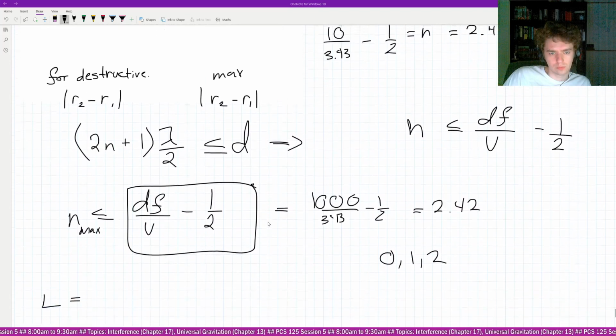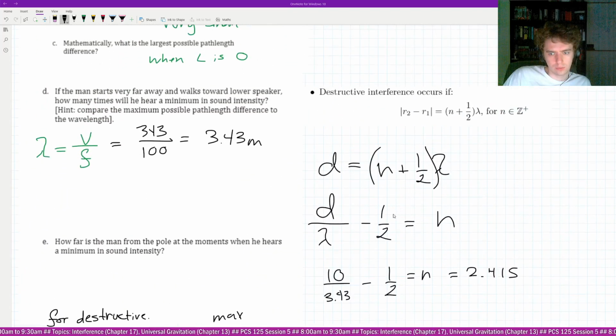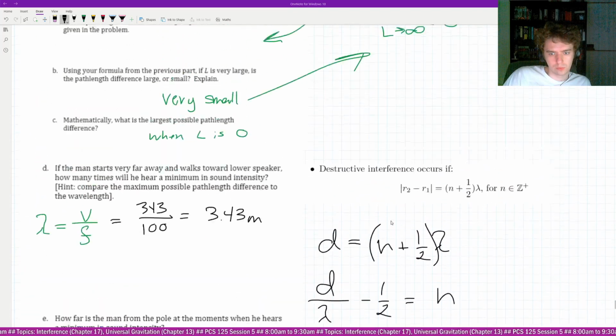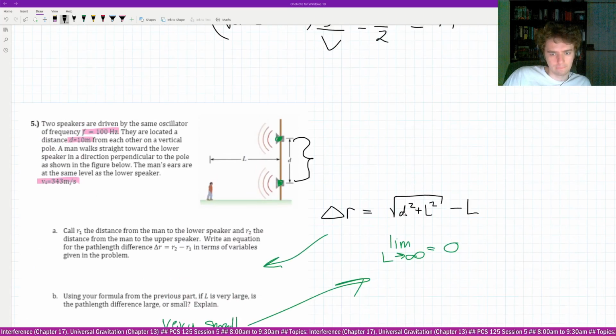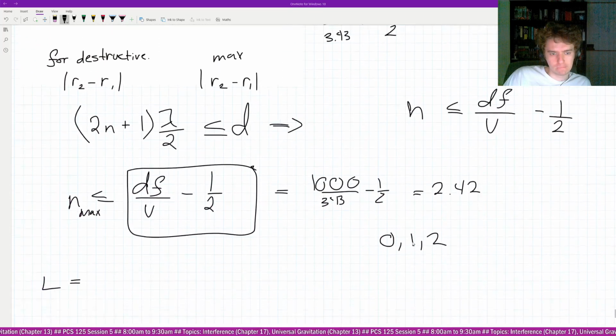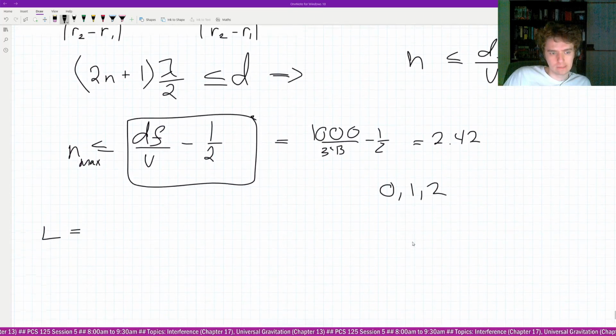We might have done it for the previous question, where we have delta r equals root d squared plus L squared minus L. Here, yeah. Because that would have to be equal to the odd multiple of lambda over 2. That's where you get destructive interference.